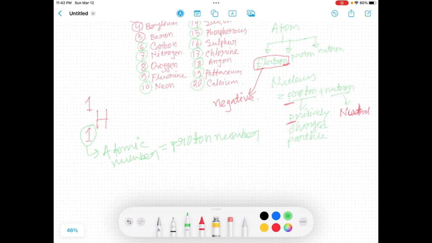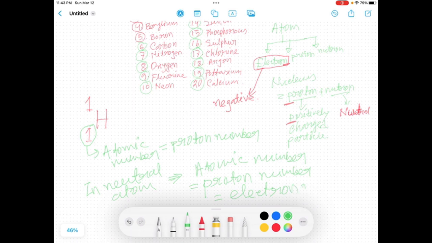Okay, and remember that in a neutral condition, a neutral atom, where there is no charge, in case of a neutral atom, atomic number equals proton number equals electron number.